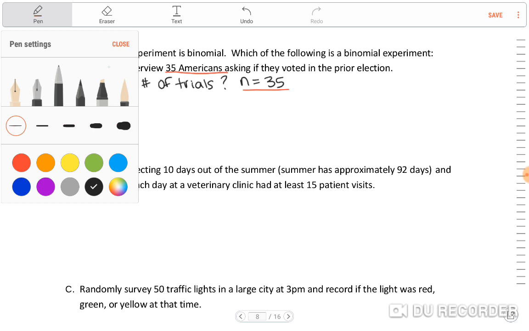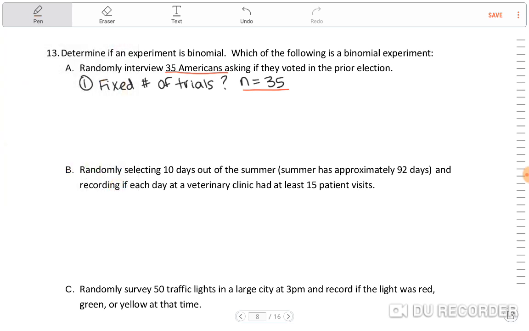Okay, second thing that we want to verify is trials are independent. Or in other words, I'm going to rewrite this the way we've been doing it in our class, which is N divided by 0.05, is that less than or equal to the entire population? Well, if we're talking about 35 Americans versus all Americans, I think we're safe to say that that is true.